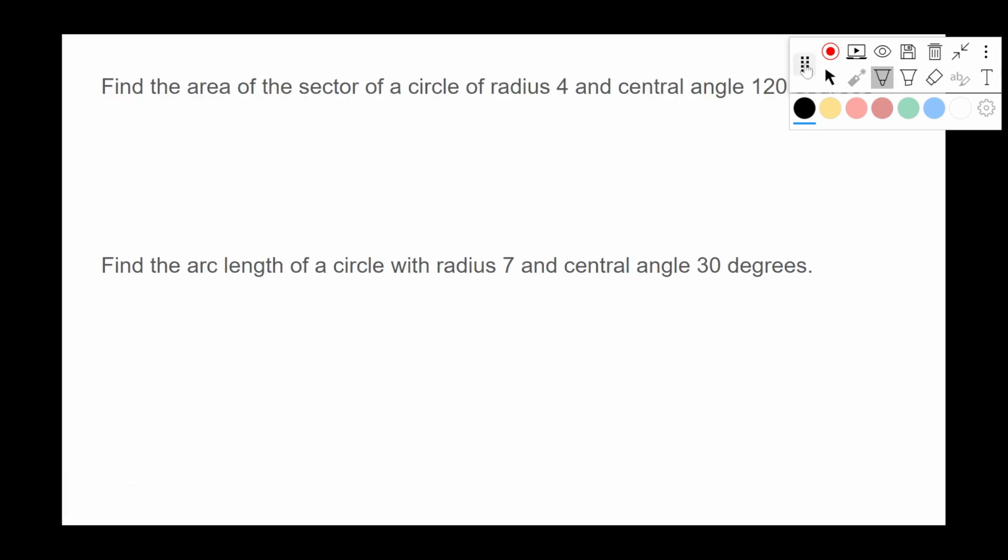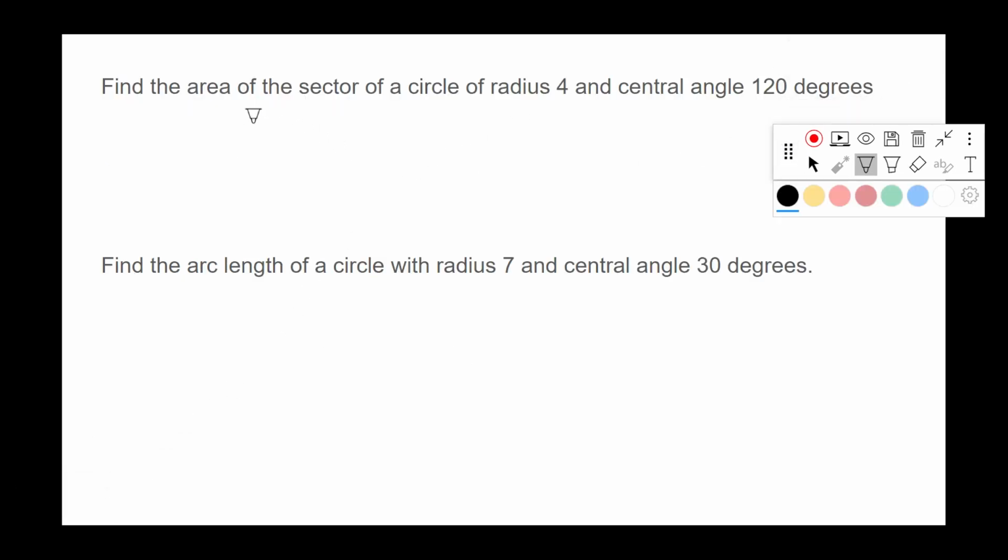Okay, so real quick, let's find the area of a sector of a circle with radius 4 and central angle 120 degrees. Here's what that would look like. Here's a circle. 120 degrees. The radius is 4. The area of the sector of the circle is 1/2 r squared theta.